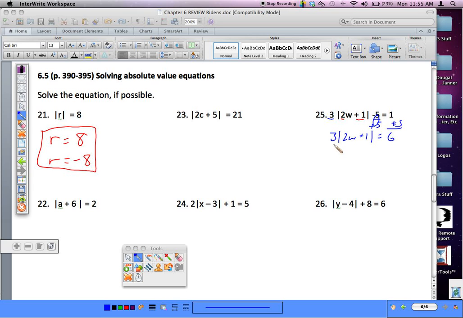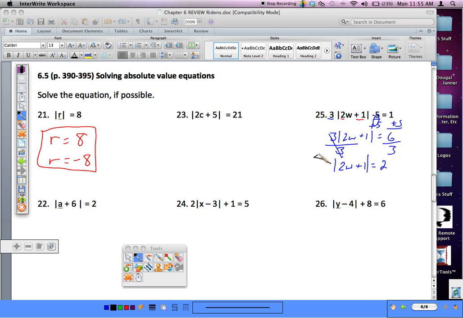How do I get rid of 3? Not subtract, but it's being multiplied. I'll divide it. 2w plus 1 equals 6 divided by 3, which is 2. That's still in the absolute value.